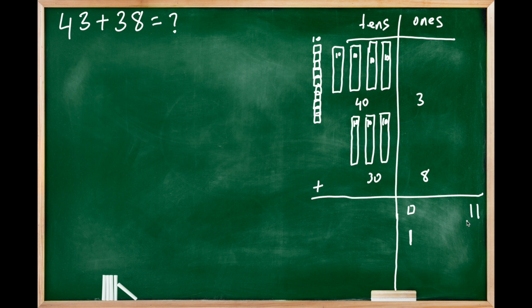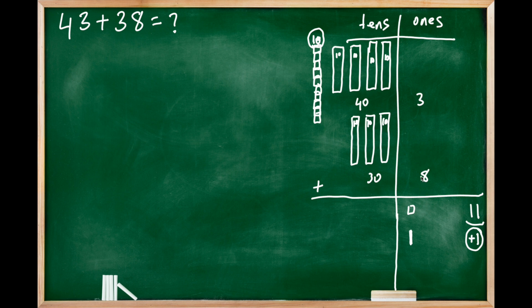So basically, this 11 is regrouped as 10 plus 1, and we moved this 10 to the tens place right here. That's why we have only 1 left here as a result, which is what we want.